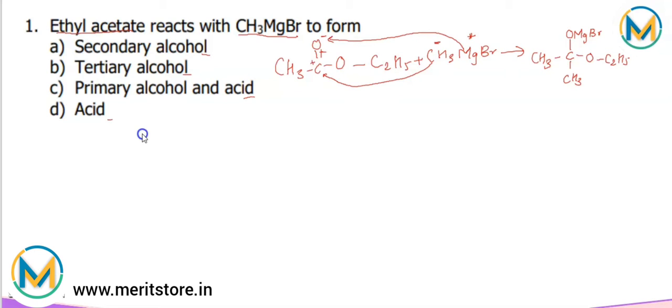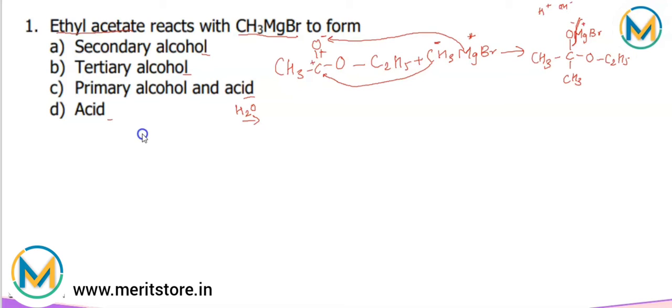Now when you treat it with water, that is the hydrolysis, this OMgBr will break down. This is positive, this is negative. H2O gives H plus and OH minus.